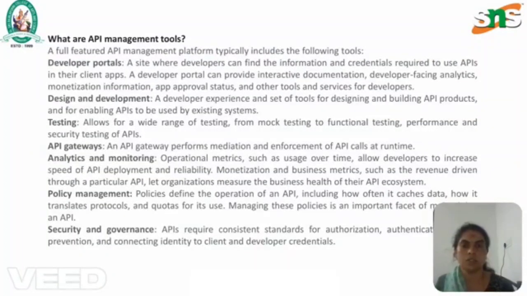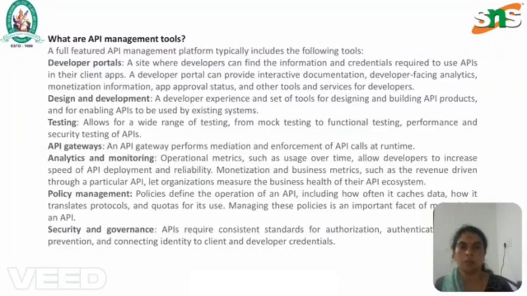So the features of an API management platform typically include the following tools: the developer portal, design and development, testing, the API gateway, analytics and monitoring, policy management, security and governance. The developer portal is the site where developers can find the information and credentials required to use an API in their client app.